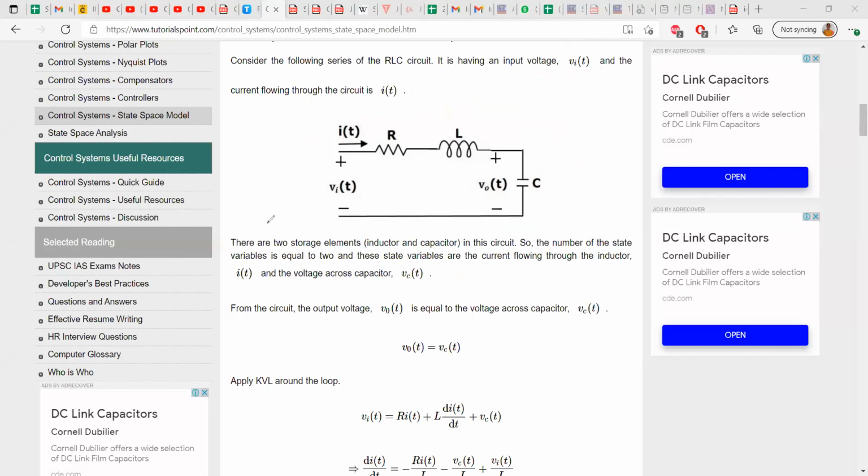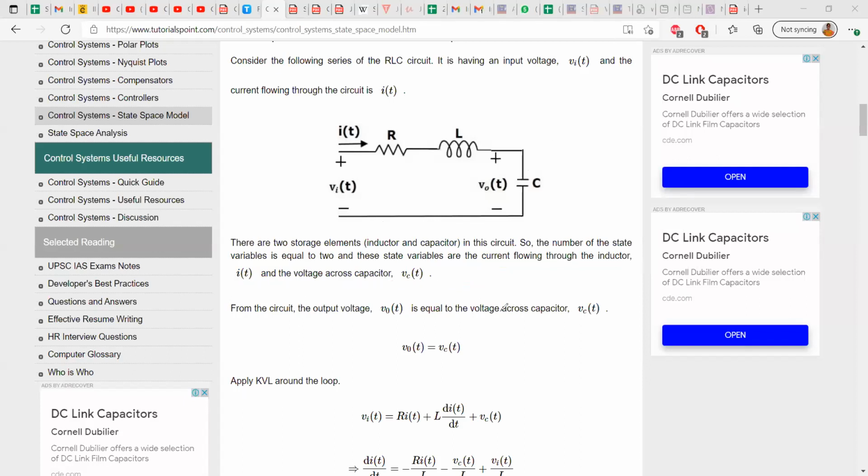So we have two storage elements, inductor and capacitor, in this circuit. So the number of state variables equals the number of storage elements, right? So what are those state variables? Current flowing through the inductor and the voltage across the capacitor.